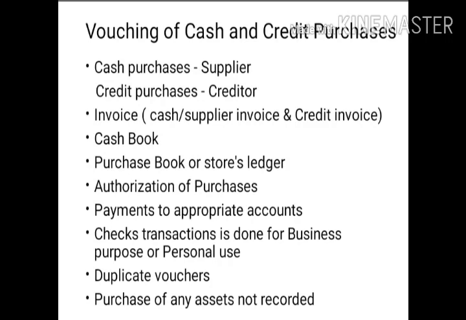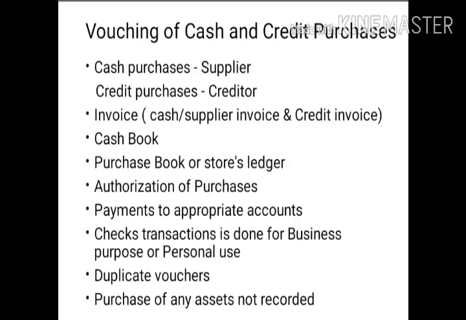The next point is that the auditor is going to check that the transactions of that particular purchase are related only to business purposes, nowhere related to personal use of a manager or the internal officials of that particular company. The auditor must make sure that the goods from the supplier are only for the purpose of business.